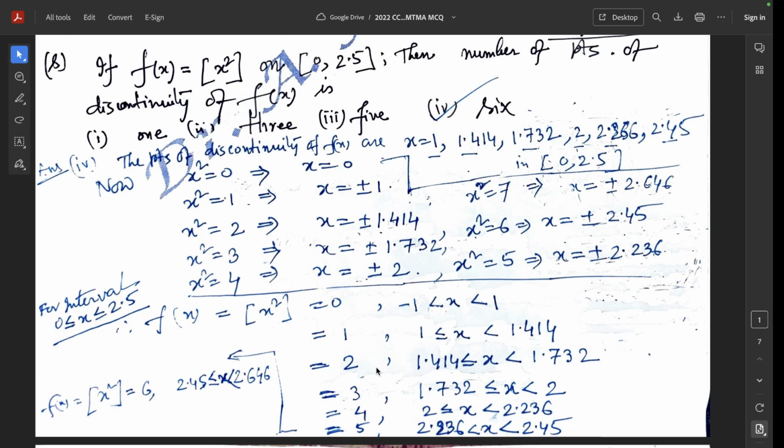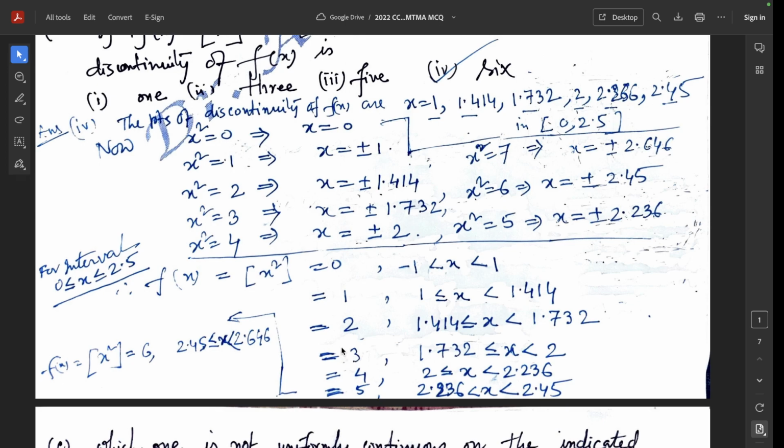And also for the negative part, that is minus 1.732 less than x less than or equal to minus 1.414. And similarly we get 3 for the positive region, and 4, 5 and 6 for this region.